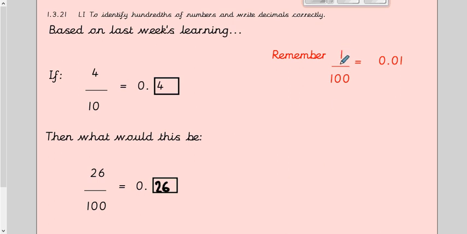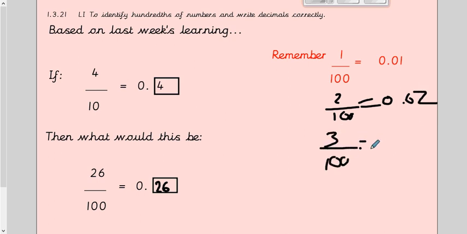Remember, 1 hundredth equals 0.01. If I did 2 hundredths, that would be 0.02. And if I did 3 hundredths, that would be 0.03.